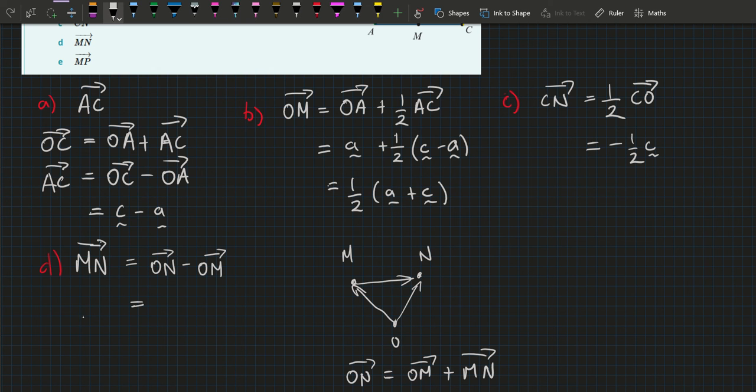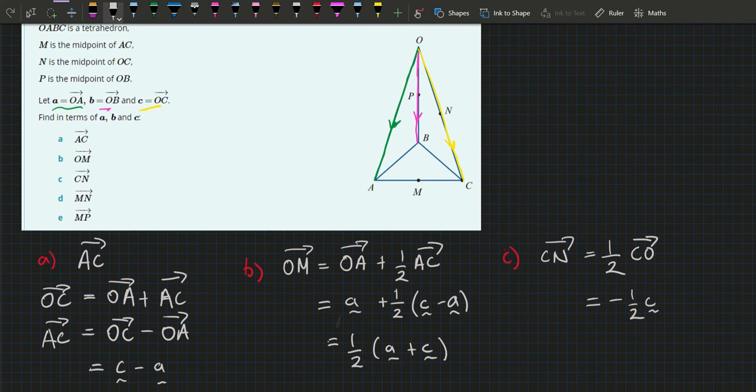So we've got half of c minus a half of a plus c. All right, so we've got half of c and then minus a half of c, so they disappear, and we're left with minus a half of a. Did not expect that. Let's have a look at it.